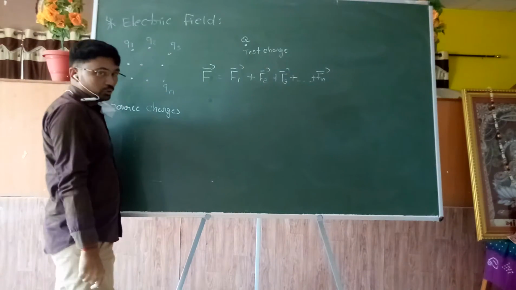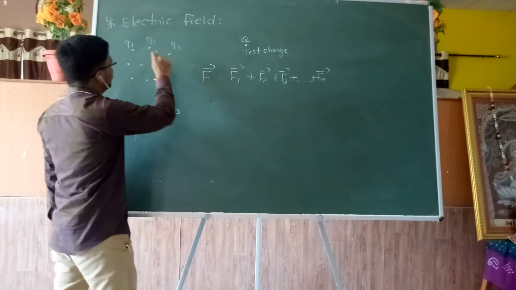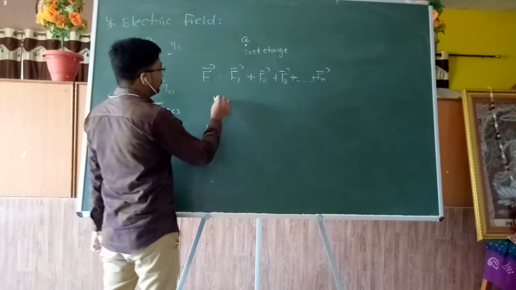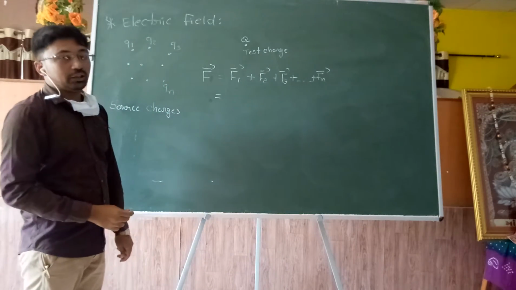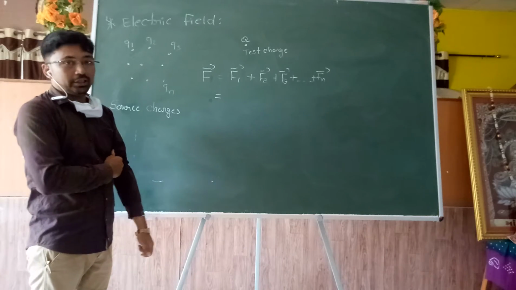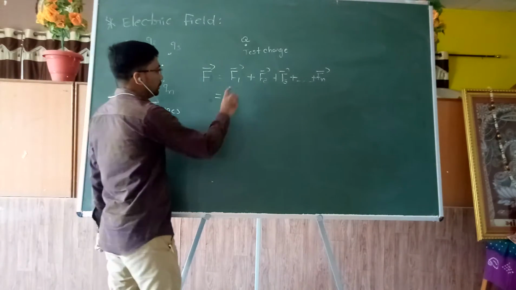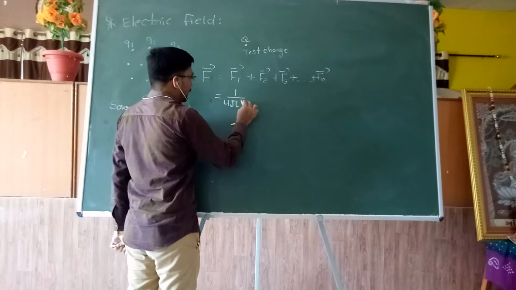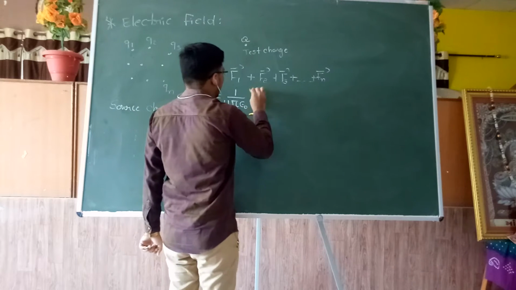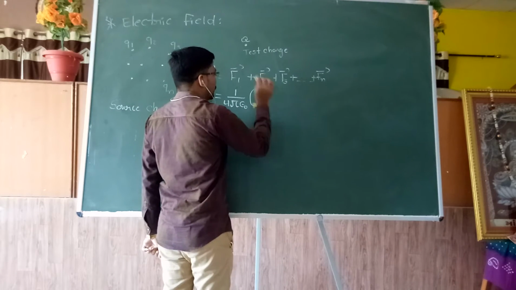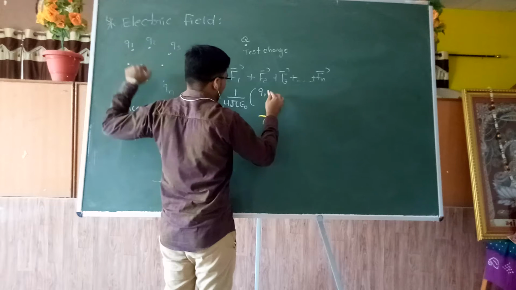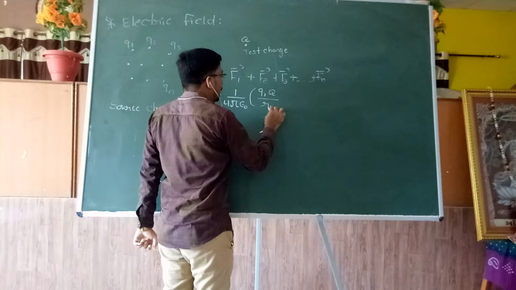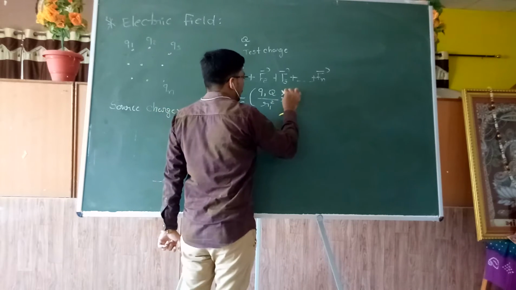F2 is again the force on test charge Q due to source charge Q2, and so on. So then we have obtained Coulomb force, and according to Coulomb force, this F1 can be written as 1 upon 4 pi epsilon 0 into Q1, that is source charge Q1, then capital Q, test charge Q, upon R1 square R1 cap.